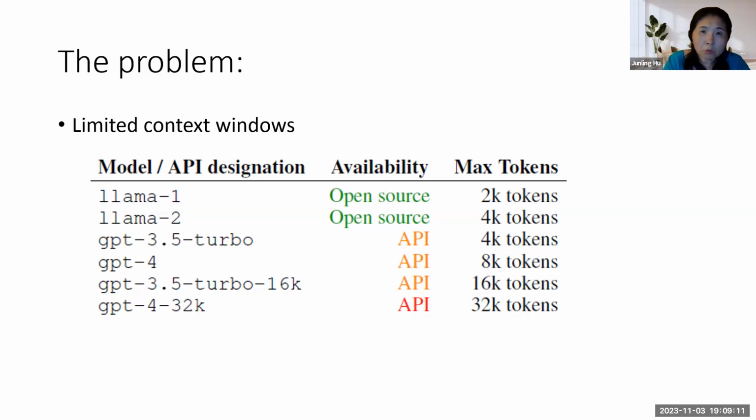With 32,000 tokens, think about a Harry Potter book. The first Harry Potter book is about 76,000 words, so if you can handle 32,000 tokens, that's almost half of the book. Ideally, what we really want is to handle the complete book, right?